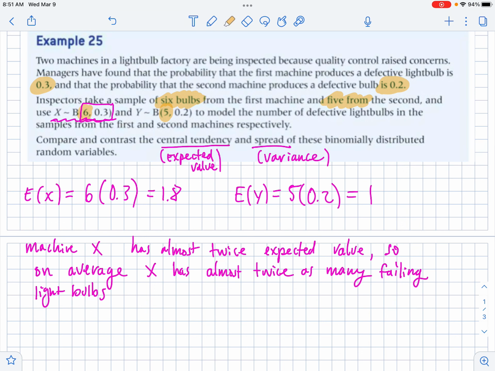So the variance, which we'll just say Var X, is equal to 6 times 0.3 times 1 minus 0.3, or 0.7, and this equals 1.26. The variance on Y is going to be 5 times 0.2 times 1 minus 0.2, and this equals 0.8.